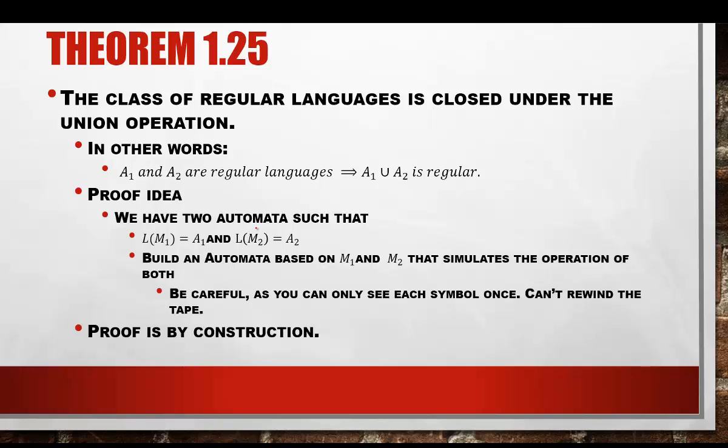Then we want to build an automaton based on M sub 1 and M sub 2 that accepts the union. If we can build a finite automaton based off of M sub 1 and M sub 2 such that it accepts strings from A sub 1 or A sub 2, then we have proved this theorem. And the proof of this theorem is proof by construction.